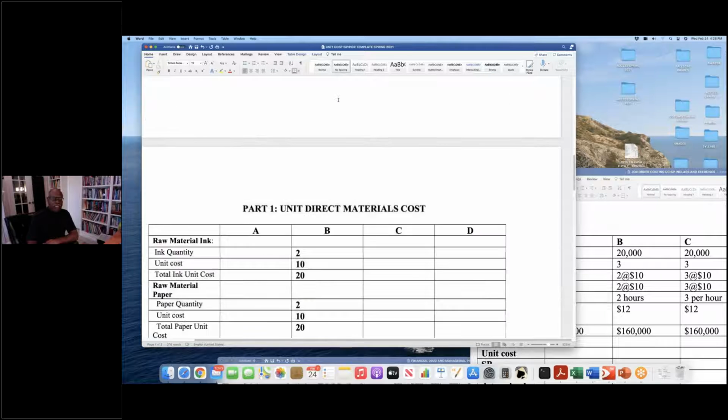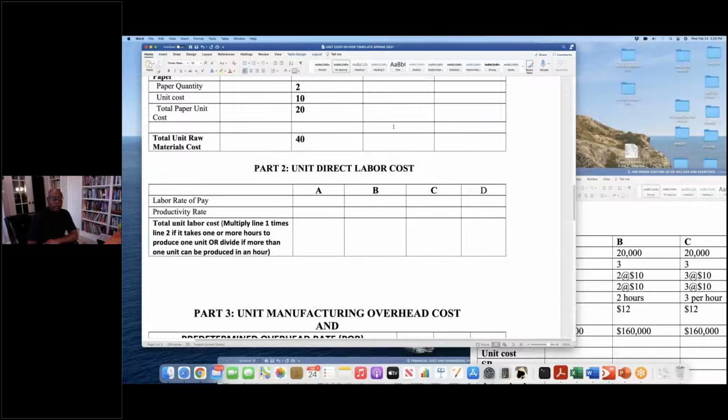Now we need our direct labor number. Our labor rate is $12 an hour, and our productivity rate is 2 hours for one. Since it takes more than an hour, we multiply. So what is our total cost for labor? 24.